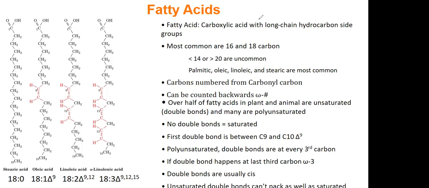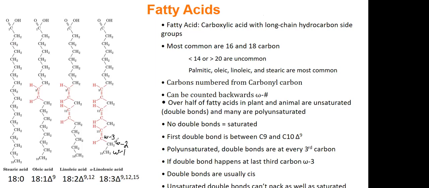Another way you can count fatty acids is starting from the last carbon and working your way up to the carbonyl carbon. If you do that, you have to call them omega. So if I'm starting on linoleic acid, that carbon is omega 1. The next is omega-2. The next is omega-3.